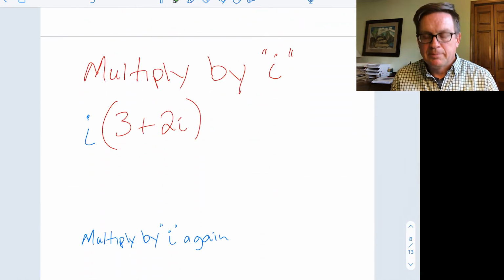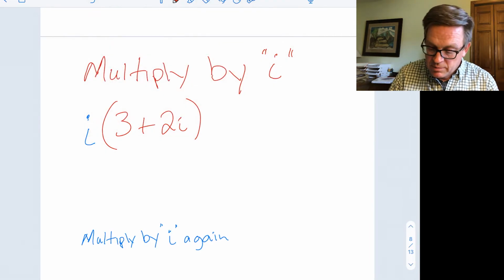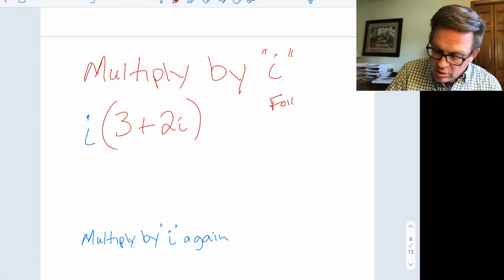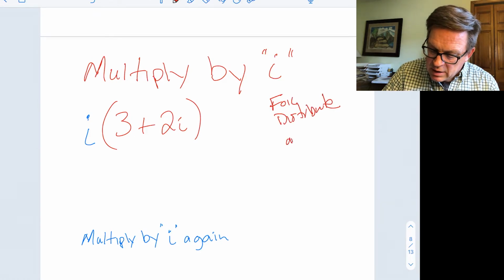How do you multiply? Again, it's just distributing, just FOILing the same way, keeping in mind that i squared equals negative 1. So you FOIL, or distribute, and use i squared equals negative 1.